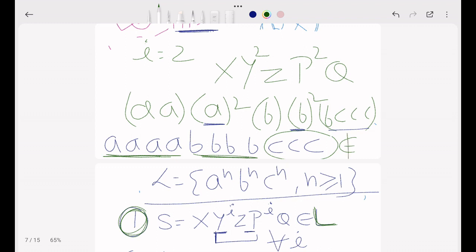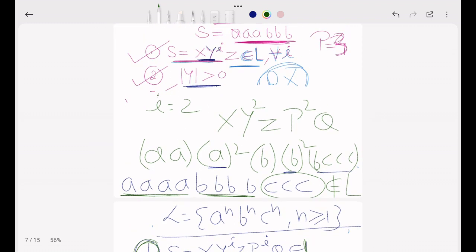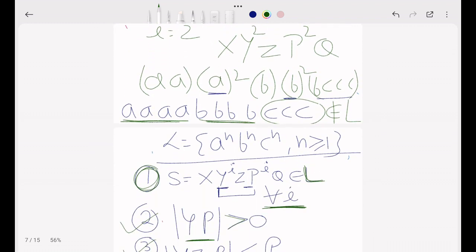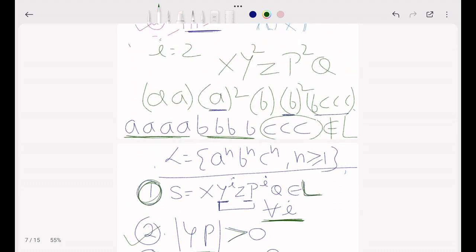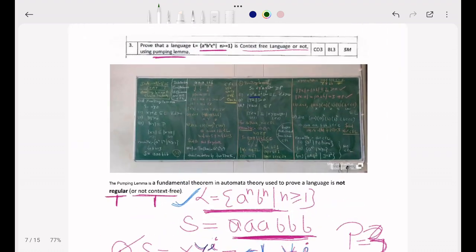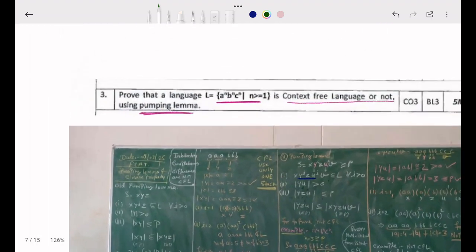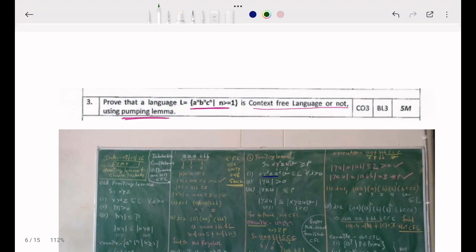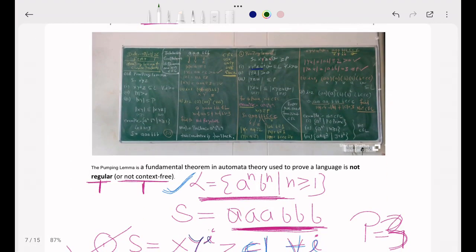So this is not belonging to my language. Fail. Once it fails, if you are able to find only one contradiction, you should stop. What is the meaning of this? If you are able to find one contradiction, this does not belong to this language. It means that this is not a context-free language.